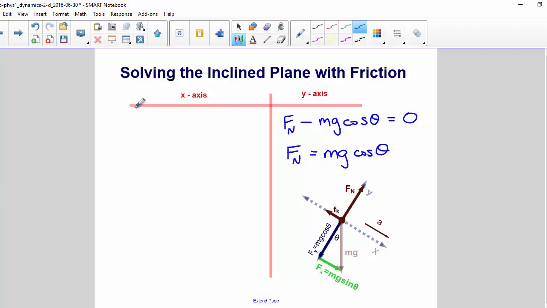Now in the x-axis, we have mg sine theta minus the force of friction equals ma. That's mg sine theta minus, now for friction we'll put in mu times the normal force equals ma. Now let's plug in our value for normal force.